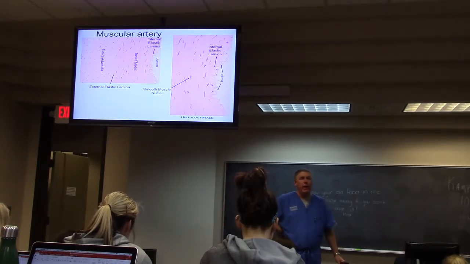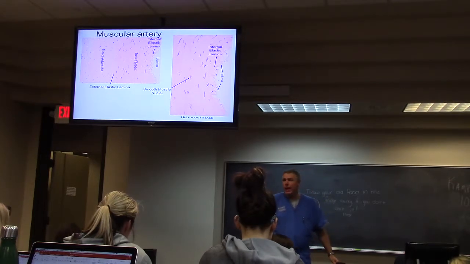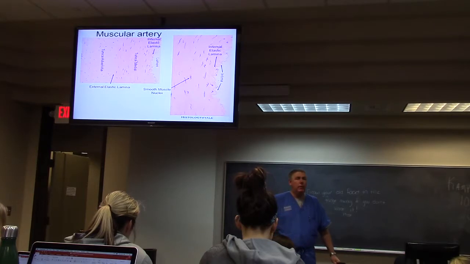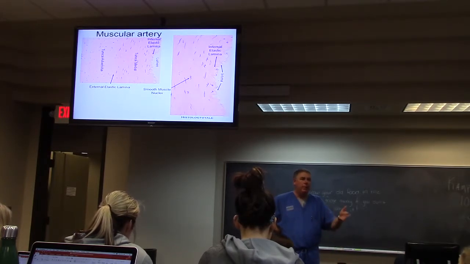Unfortunately, they don't have a great deal of muscle around these arteries, which is a contributing factor to the fact that aneurysms can develop in these arteries frequently.